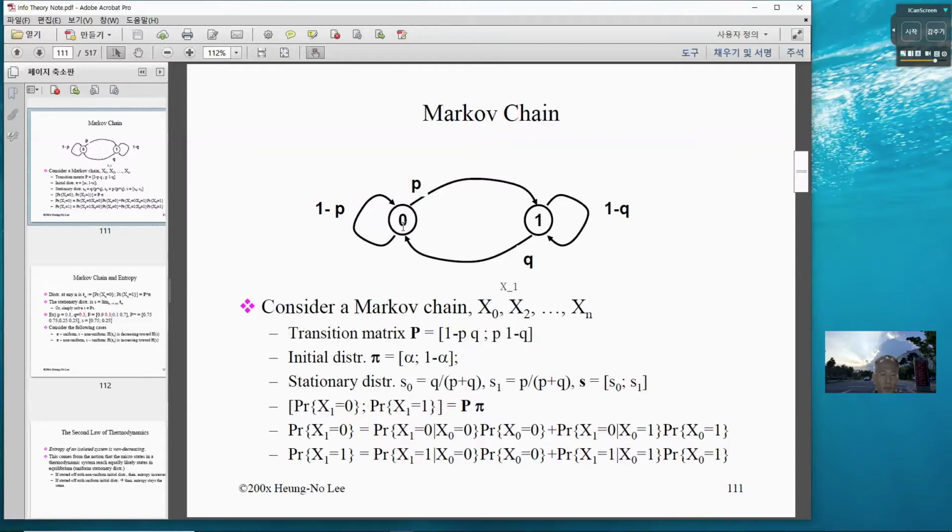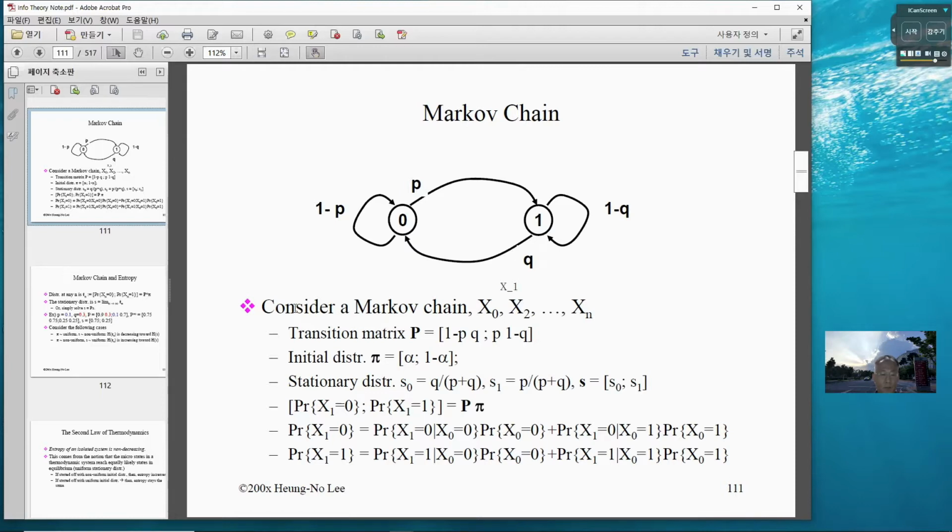From state 0 to 0, it stays with the 0 state with the probability 1 minus p. It jumps to state 1 with the probability of p. And from state 1 to 0, q, state 1 to itself, 1 minus q.